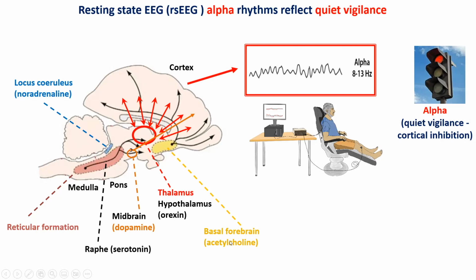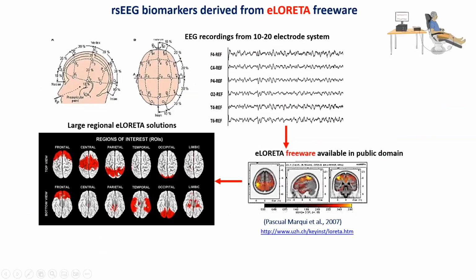And today you can easily investigate the cortical sources of EEG rhythms by several freeware tools, including eLORETA. So you see that artifact-free EEG signals can be used as an input, and you can estimate the current intensity in the mathematical sources in the cortical model of eLORETA.